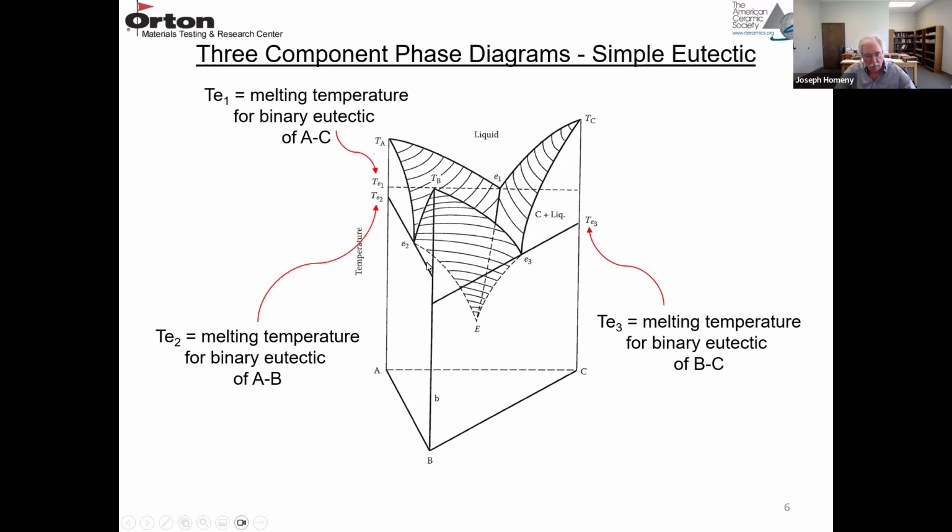TE3 is the melting temperature at E3 for the binary eutectic of B and C. On this side, the simple binary eutectic BC, you can see the solidus curve and the liquidus curves. This region would be C plus liquid, this would be B plus liquid, and this would be B and C in the solid form.